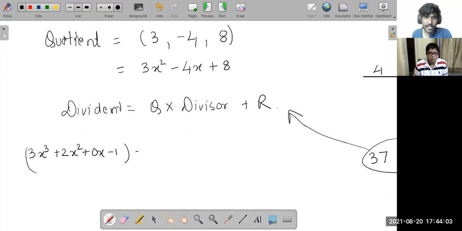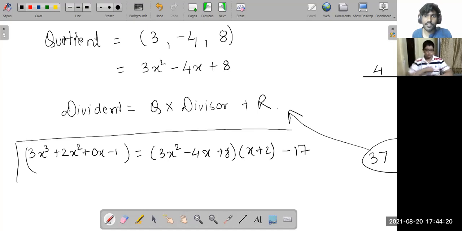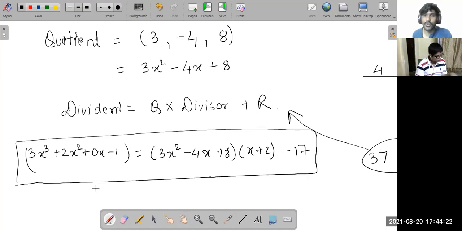Quotient we got is 3x square minus 4x plus 8, into divisor x plus 2, and remainder is minus 17. So this is the final way where you have to write your answer. Is this clear? It's called the final way method. Any doubt?